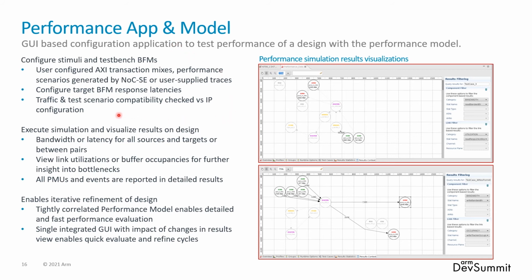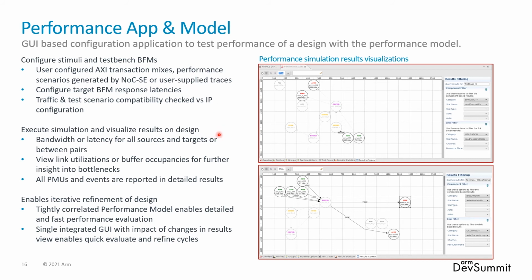The users can use any of the three different stimuli mechanisms. They could either supply their own traces, or they could use the inbuilt transaction generators, which allow them to configure all the aspects of a XC transaction, or they could use the performance scenarios as generated by NoC-SE. They could tweak the target BFM response latencies and a bunch of other parameters.